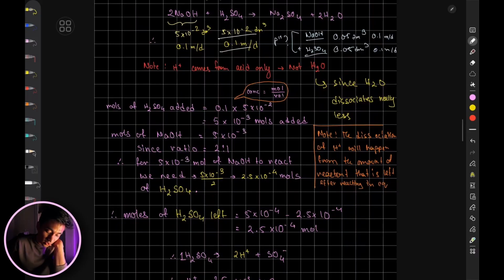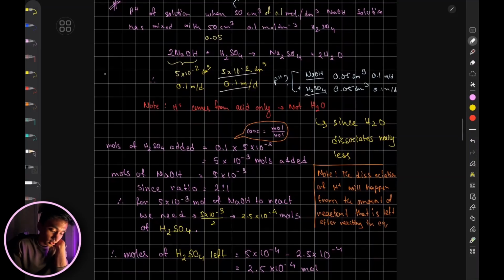For 5 into 10 to the power minus 3 mole of NaOH to react, I would need half as much H2SO4. Why? Because for 2 proportions of NaOH, I need 1 proportion of the sulfate. Over here you have 2 Na reacting with 1 SO4. So basically the Na in general will run out faster.